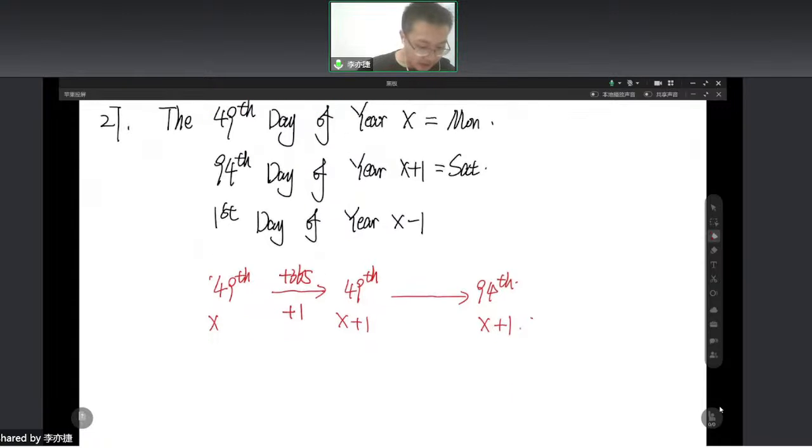However, from 49 to 94, so we have what? 45. So then plus 45, which means we have a plus 3 in the remainder by 7.